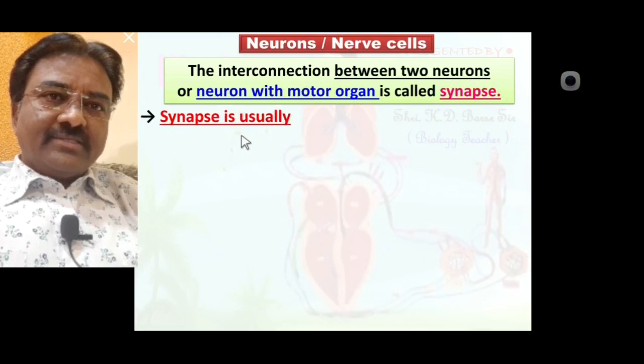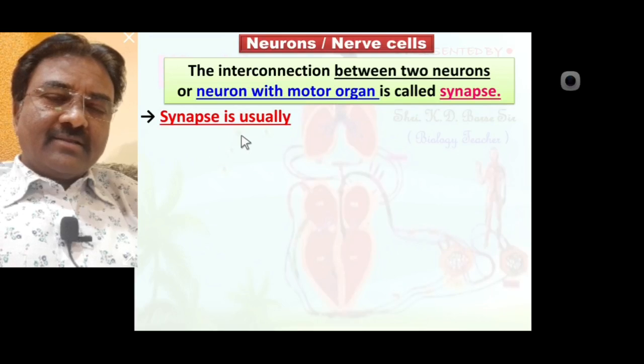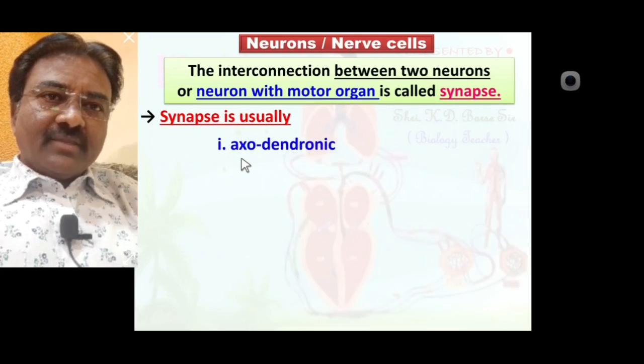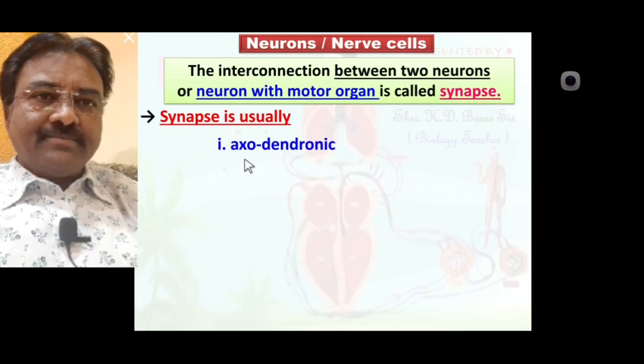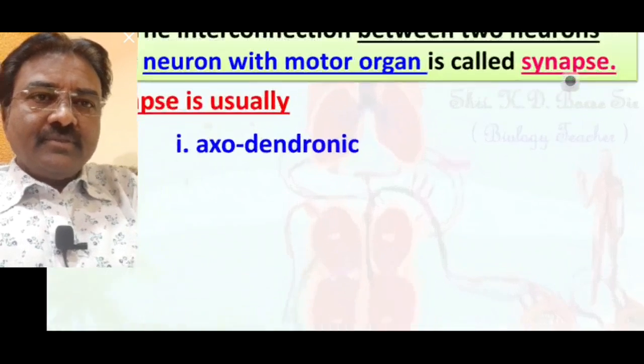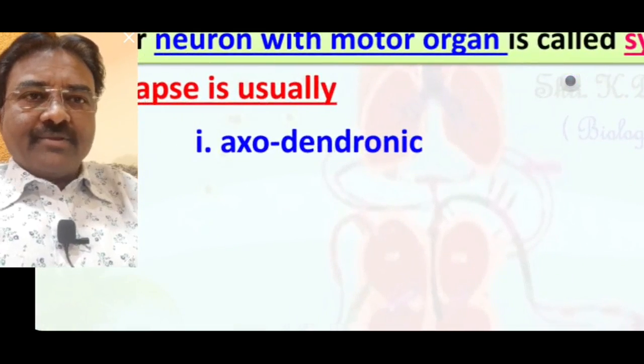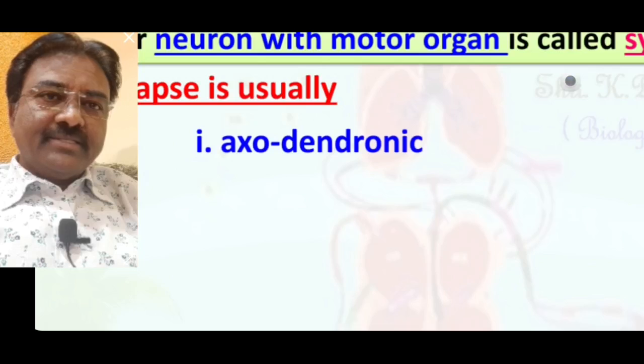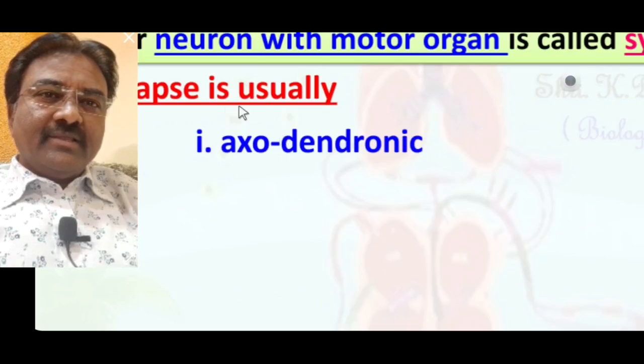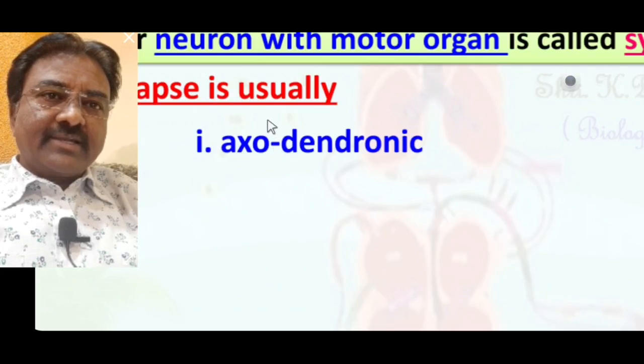Actual synapses are usually, number one, exodendronic synapse. Exodendronic synapse means one neuron's axon part is connected to the other neuron's dendronic part.